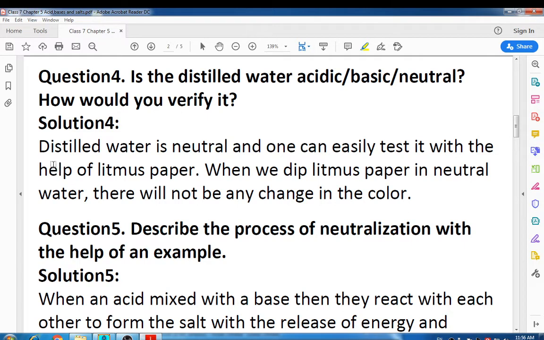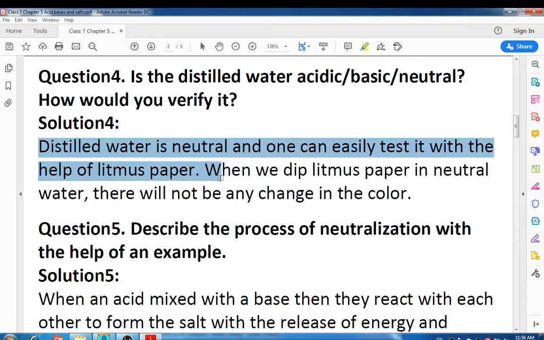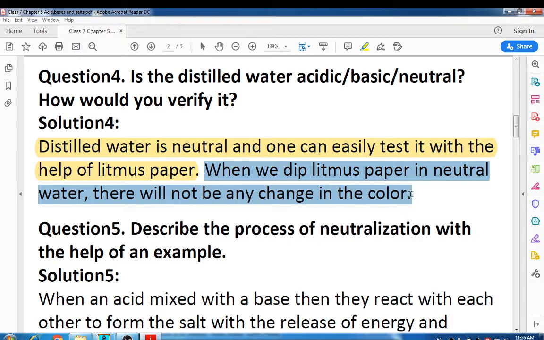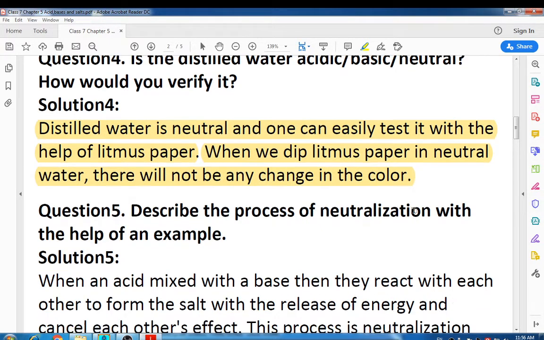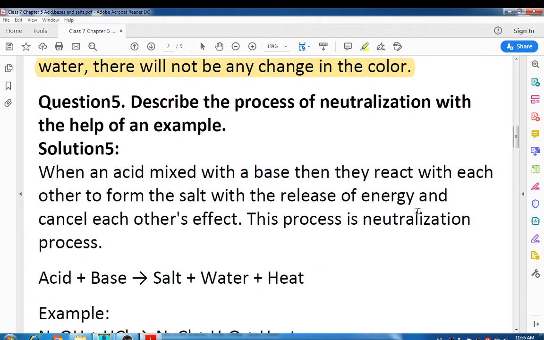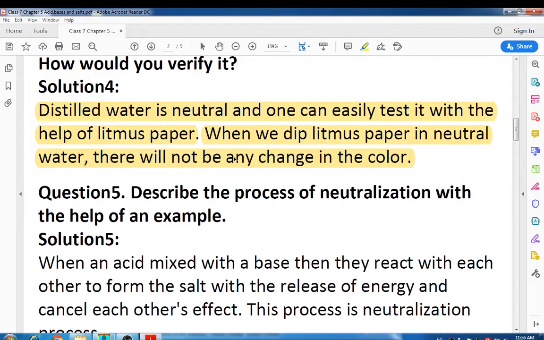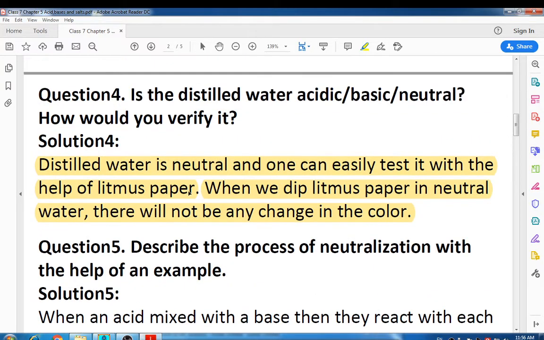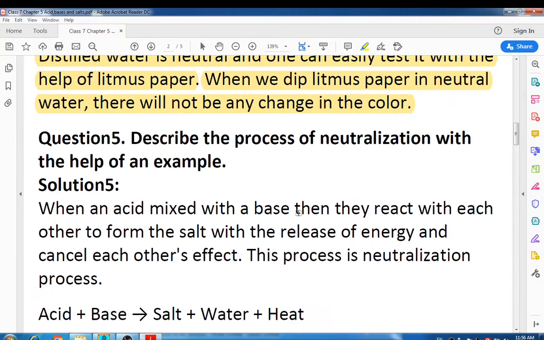It can be easily tested with litmus paper. When you dip the litmus paper in distilled water there is no change, and if there is no change the solution is neutral. Here I have written the answers like this, but you have to write the answers point wise. Don't forget that.